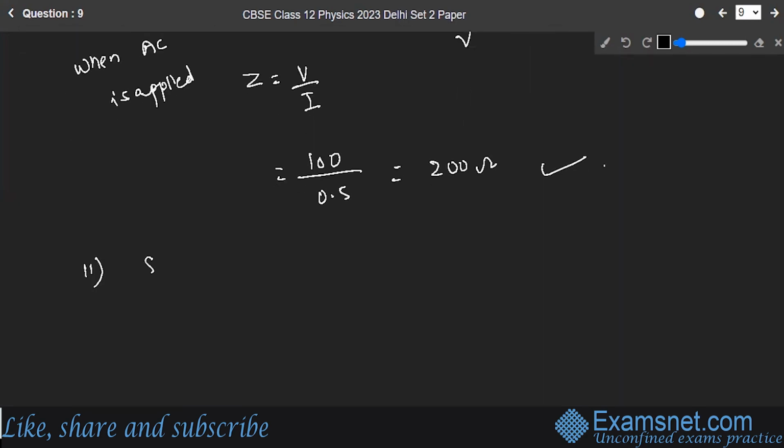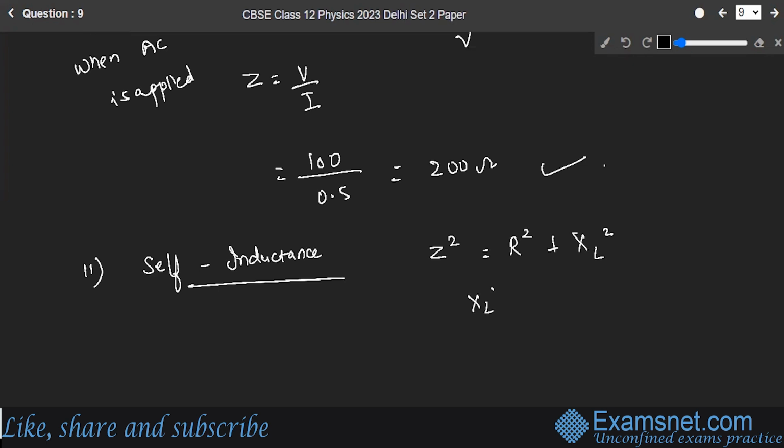Now the second one that you have to find out is the self-inductance of the coil. We know that Z square is equal to R square plus XL square, or you have XL square is equal to Z square minus R square. Z we just solved, this is equal to 200 and R was 100.